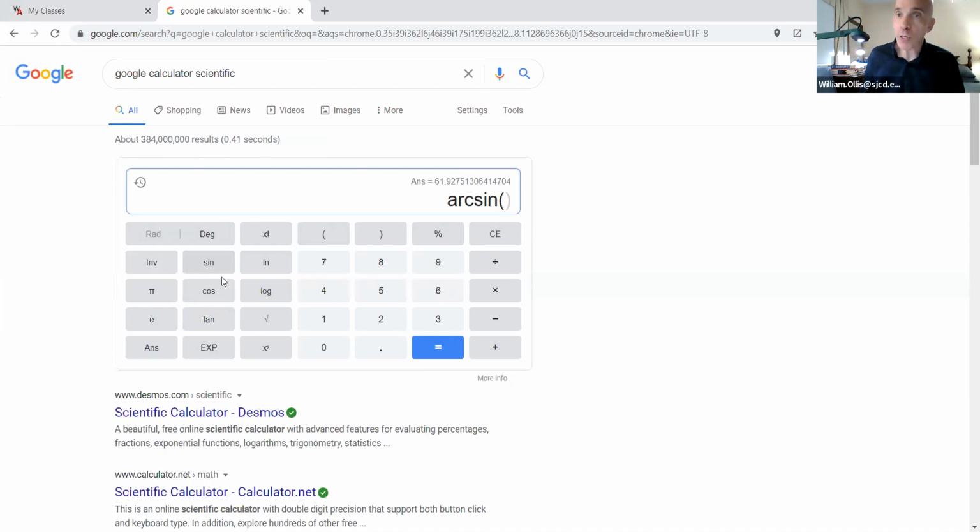So that will be the arc sine of 15 divided by 7. Excuse me, 17. We certainly don't want to divide by 7. That would not even be defined. And so we get the same answer, 61.9275. And of course, that'll round to 1 decimal as we had before.